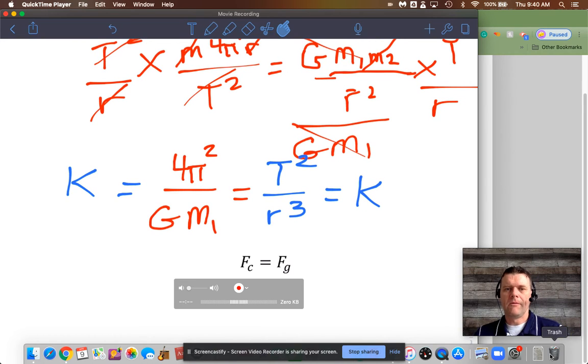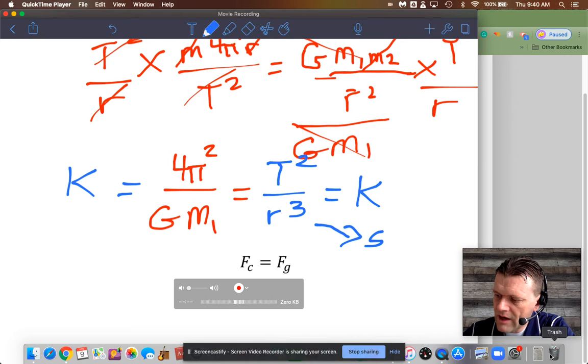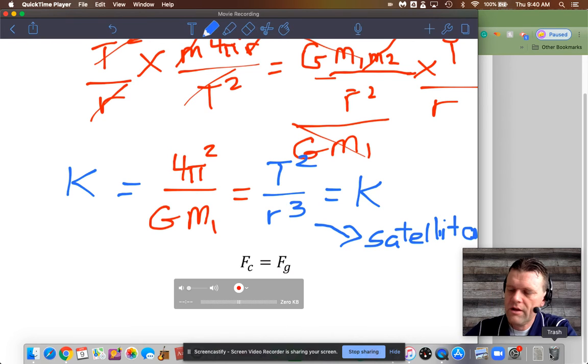I did these in different colors to make a point. Over here, T squared and r cubed deal with the satellite, if that helps you. So for the satellite, the orbiting body, we need to know its orbital period, how long it takes for the satellite to go around once.